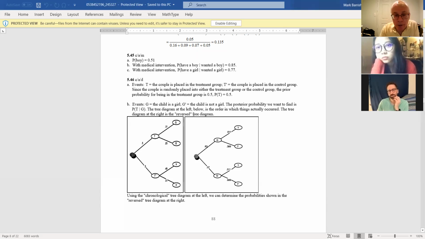They're in the study. I don't know if that makes any sense. If you're defining girl, the child is a girl, and up here you're defining the child as a boy, then the probability of G has to be 0.49.